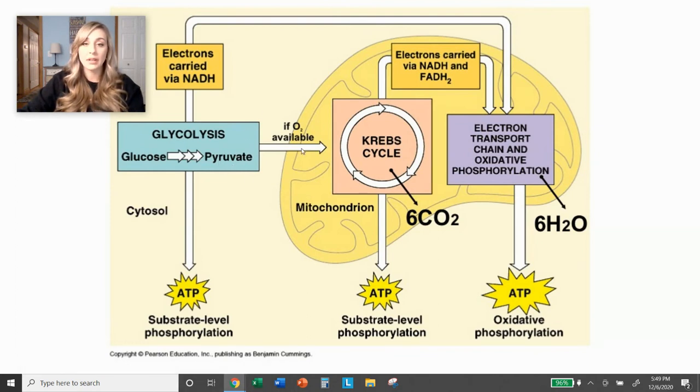If oxygen's available, we're now going to head into the mitochondrial matrix to perform our Krebs cycle and then eventually our electron transport chain. And you can see electrons are being carried from glycolysis to electron transport chain. And in Krebs, we're helping to generate more electron carriers to deliver electrons to the electron transport chain. In Krebs, remember, a main part of that is getting rid of carbon dioxide that's toxic to our cells. And then you're going to find out where we're generating or reforming these water molecules has to do with oxygen.